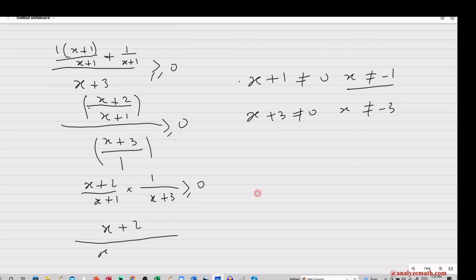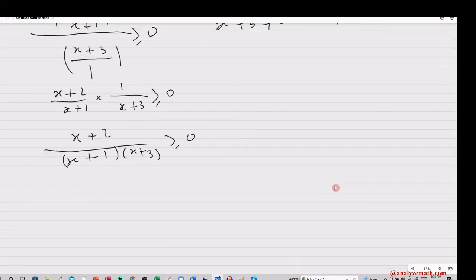X plus 1 and x plus 3 greater than or equal to 0. This is 3 with the bracket, greater than or equal to 0. Now, almost everything is done for the factoring. So we go and analyze each term. X plus 2 is bigger than 0 when x is bigger than minus 2.